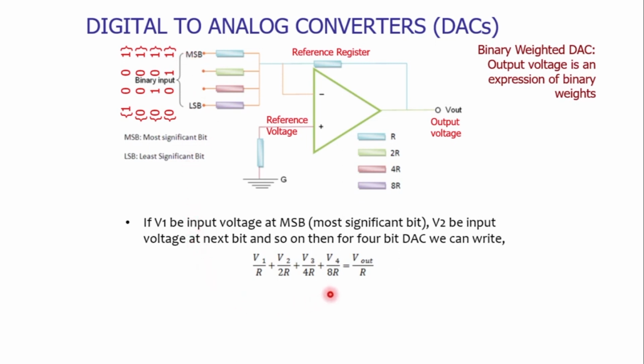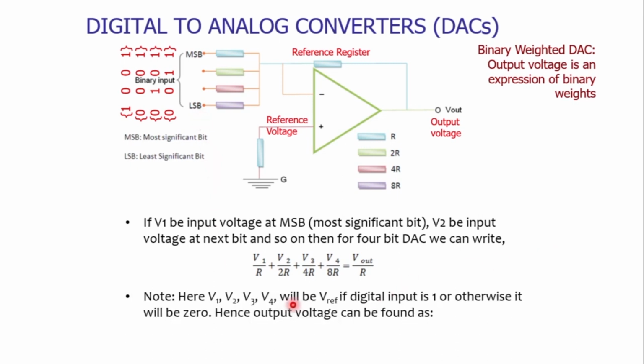On the other hand, V4 is associated with the least significant bit, but it has been divided by the maximum resistance value. That means we are trying to reduce the influence of the least significant bit in the conversion of the binary signal into the analog value.